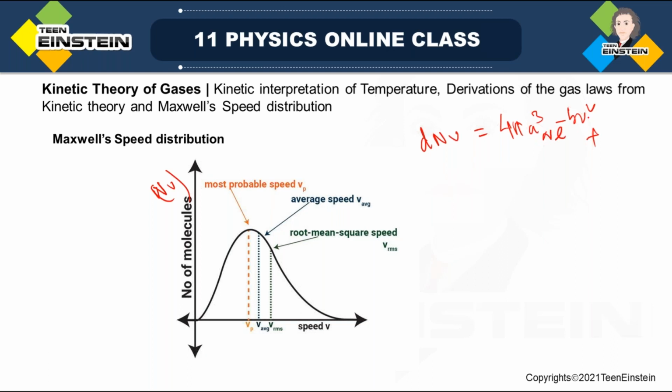There will be n over here. So this is the total number having velocity between v and v plus dv.